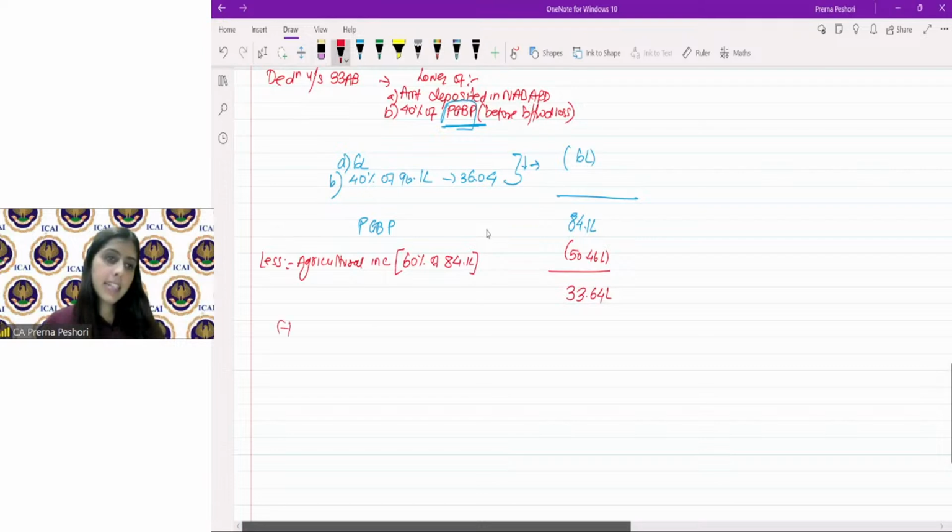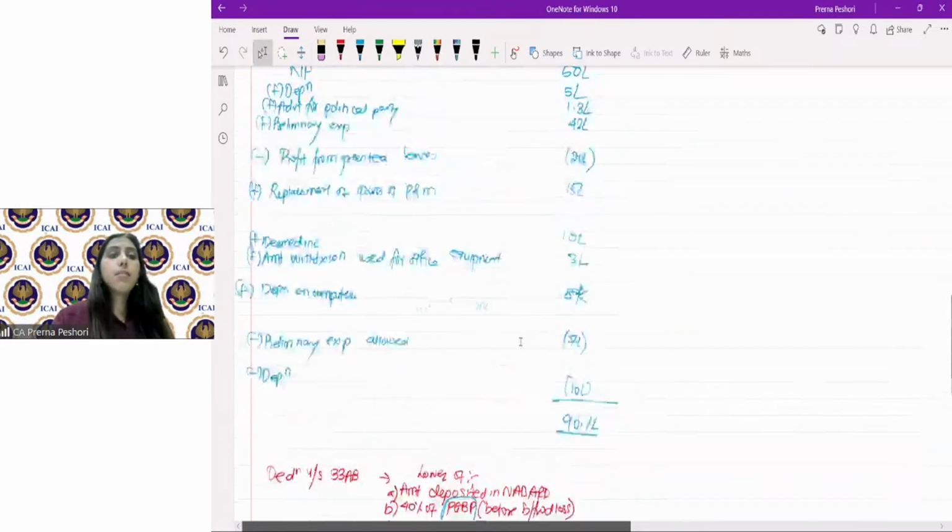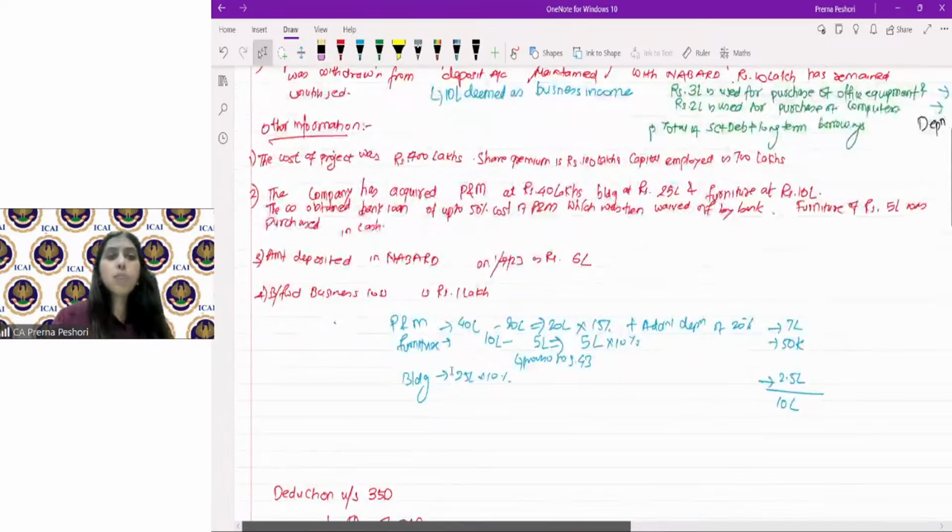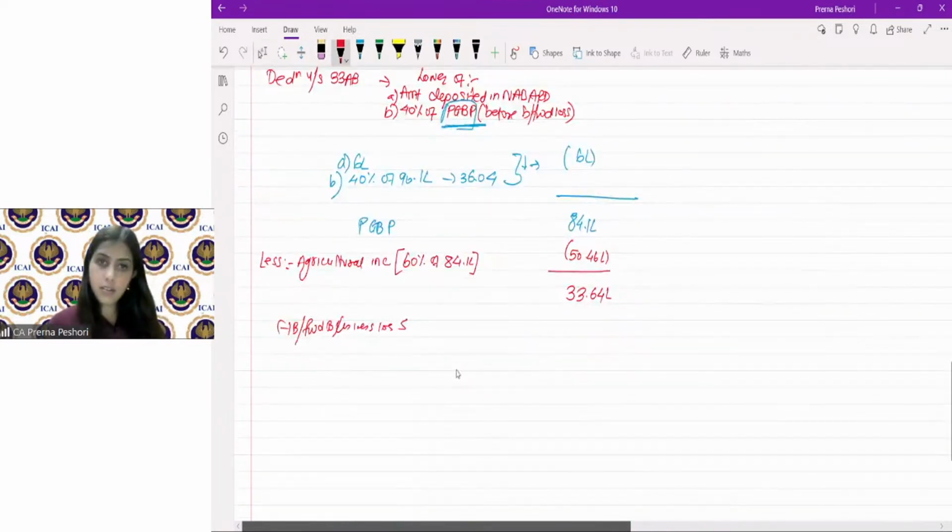Less brought forward business loss, how much it is? 1 lakh, 32.64 lakh. Less deduction under section 80GGC, which is for the political party.